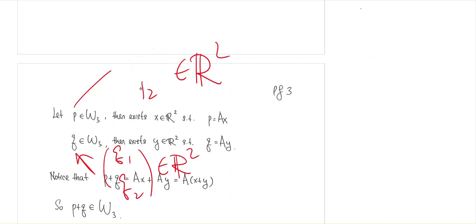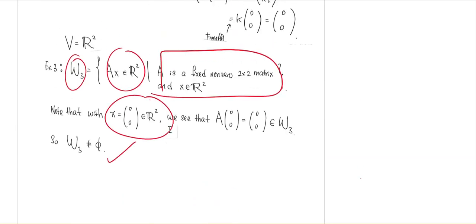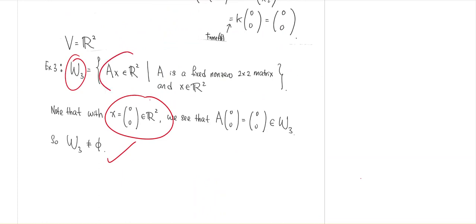All right, so these are elements in R2. They are the ones that have some x here, such that P equals AX. So Q will be the one that has some y here, such that Q equals AY, right? Because in order to qualify to be in W3, it has to look like this.